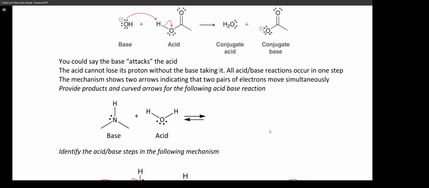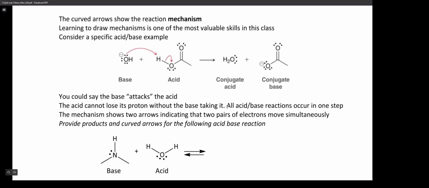Coming from the lone pair of the base or the lone pair of the acid? Look at the pattern above. Lone pair of the base. Okay. It starts at the lone pair of the base and grabs a proton away from the acid.